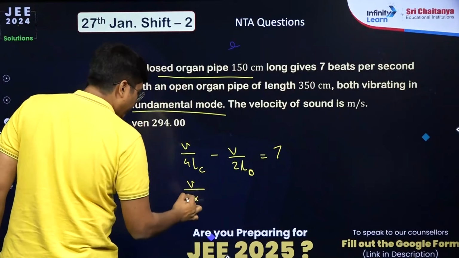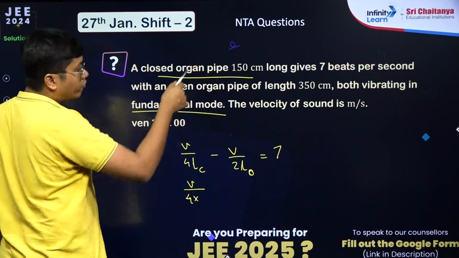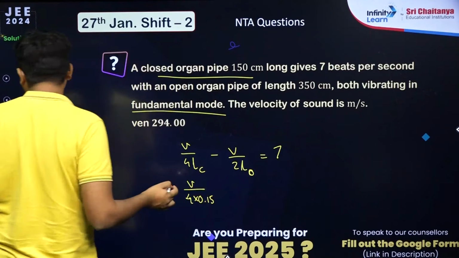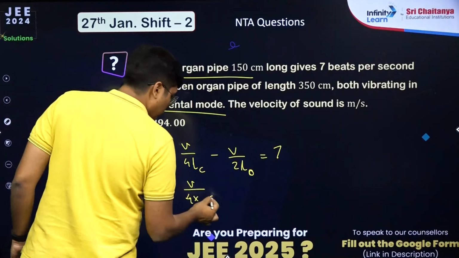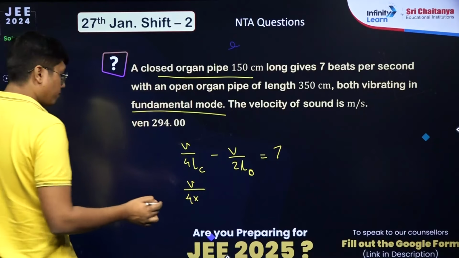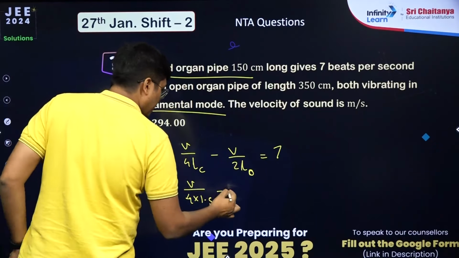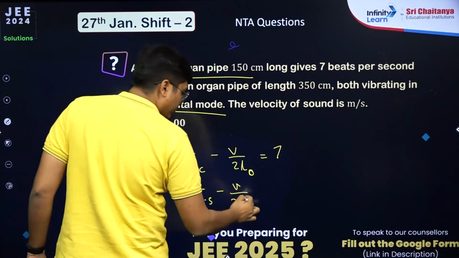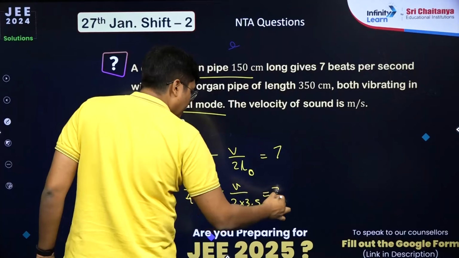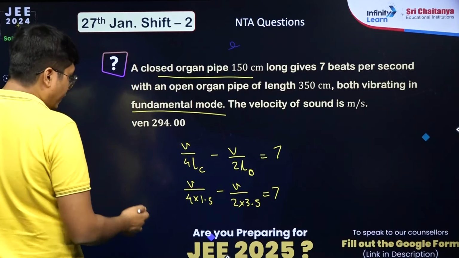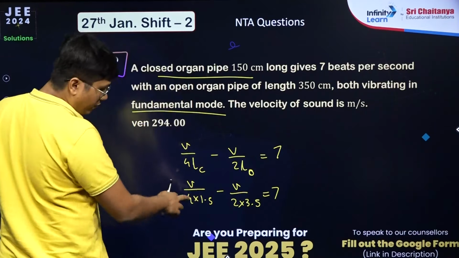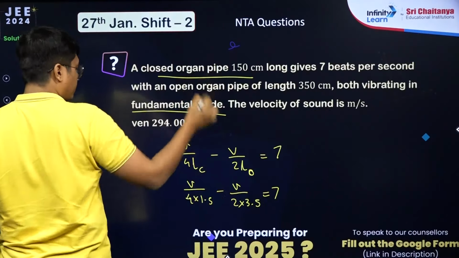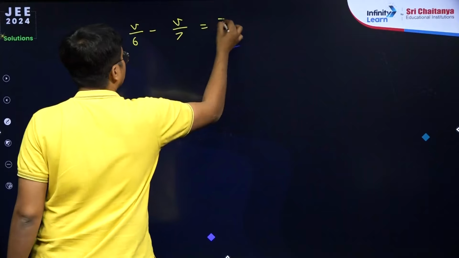V divided by 4 into 150 centimeters, so 1.5, it's in centimeters. 4 into 1.5 minus V divided by 2 into 3.5 is equal to 7. So I can write it as V by 6 minus V by 7, because it was 2 into 3.5, that is equal to 7.